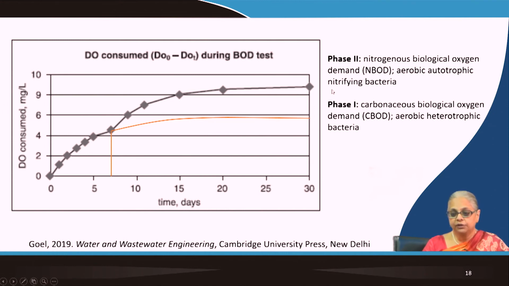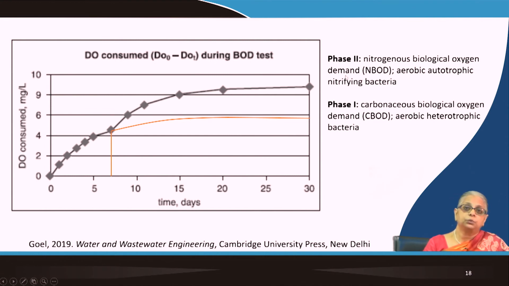Aerobic autotrophic nitrifying bacteria will still continue to grow under these conditions, because now they are no longer outcompeted by the heterotrophic bacteria. So these slow growers will start making their impact felt in the second phase, which is not captured in the standard BOD test. So this inflection reflects what we call nitrogenous biological or biochemical oxygen demand, NBOD.